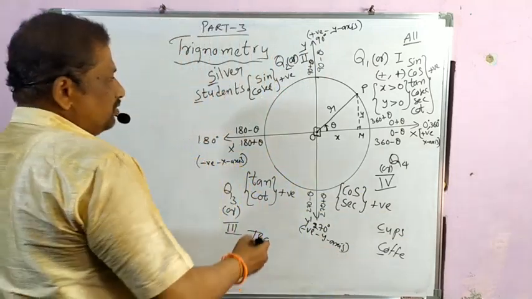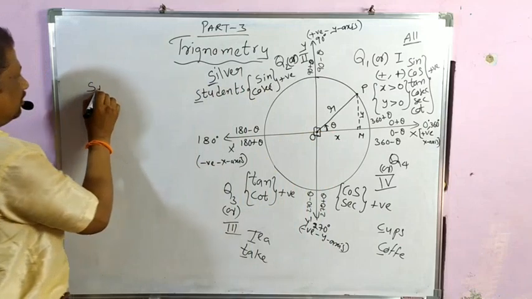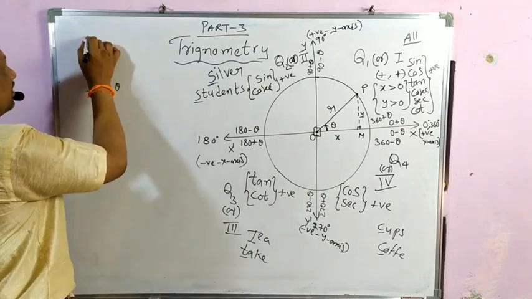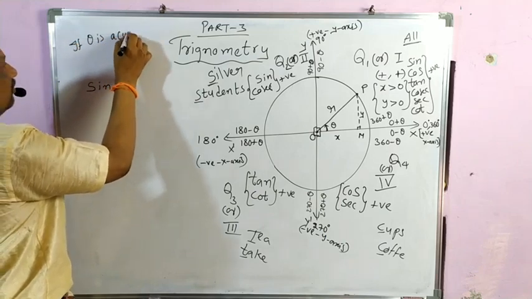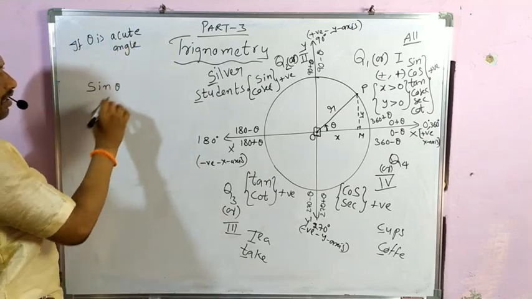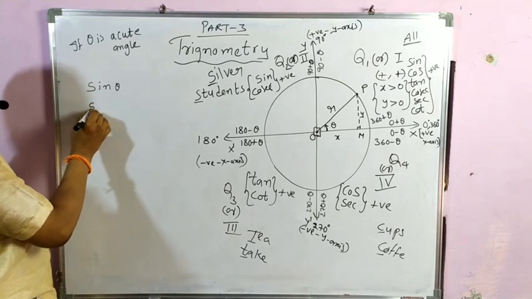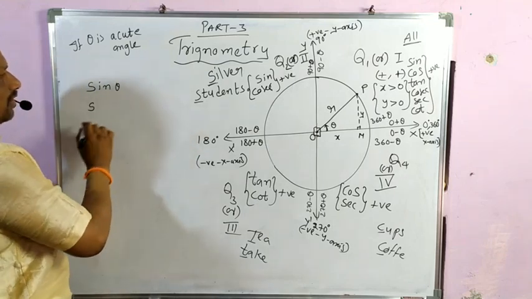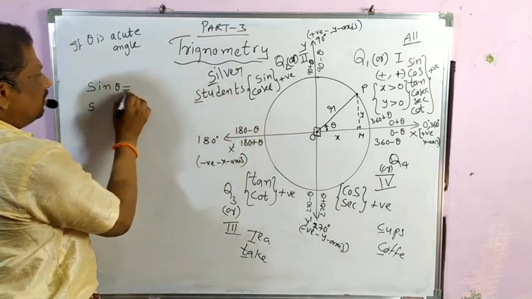So now carefully observe, if you take sine theta here, and theta is an acute angle, then sine theta means some value. Theta is an acute angle, so it falls in the first quadrant. It falls in the first quadrant means this value is positive.